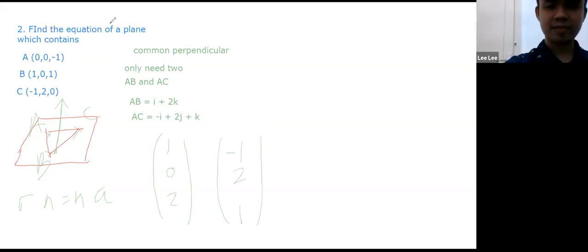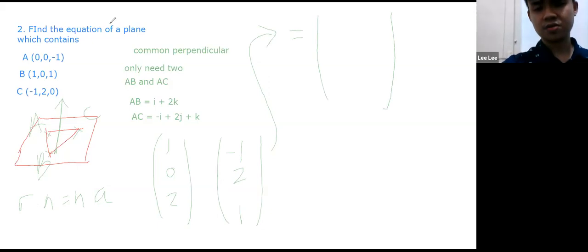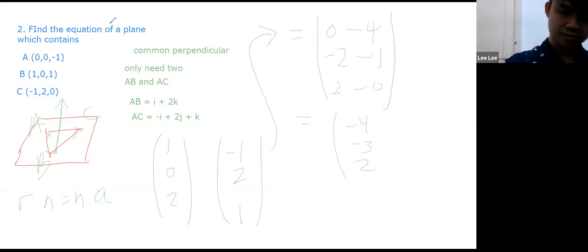I'm finding the common perpendicular for this, not the dot rule, the common perpendicular. Close the first row, cross down and cross up, so 0 minus 4. Close the second row, cross up first, so negative 2 minus 1. Close the third row, 1 times 2 minus 0. So the normal is (-4, -3, 2).